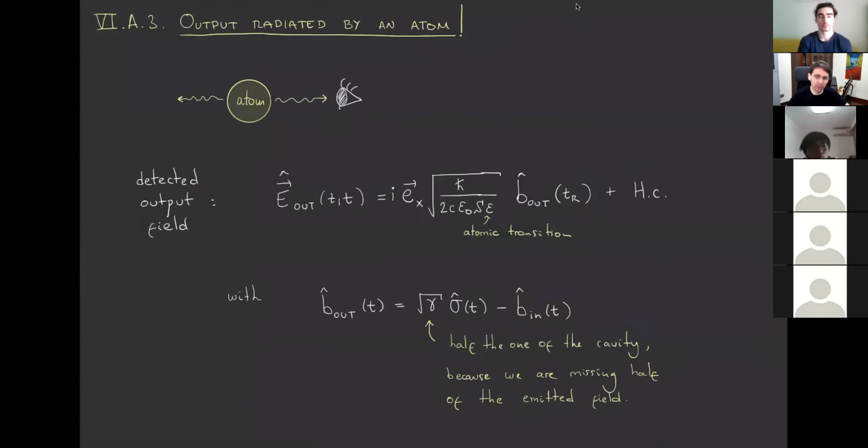Then we did the same, or at least I just enunciated the same, for an open atom, meaning when you put an atom in free space and let it interact with the electromagnetic field of free space.